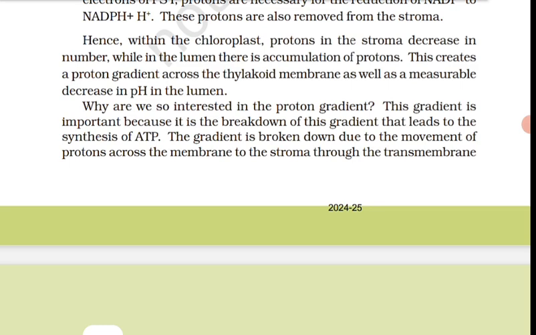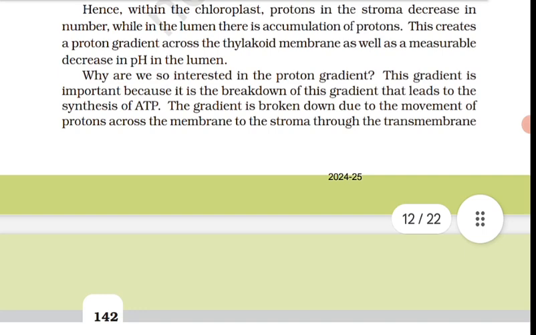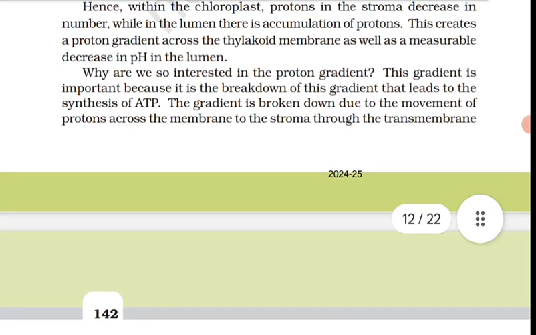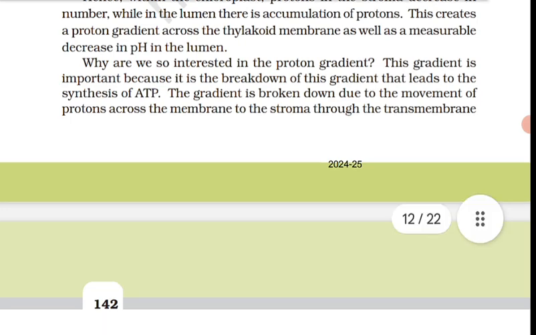The addition of these electrons reduces NADP+ to NADPH + H+.